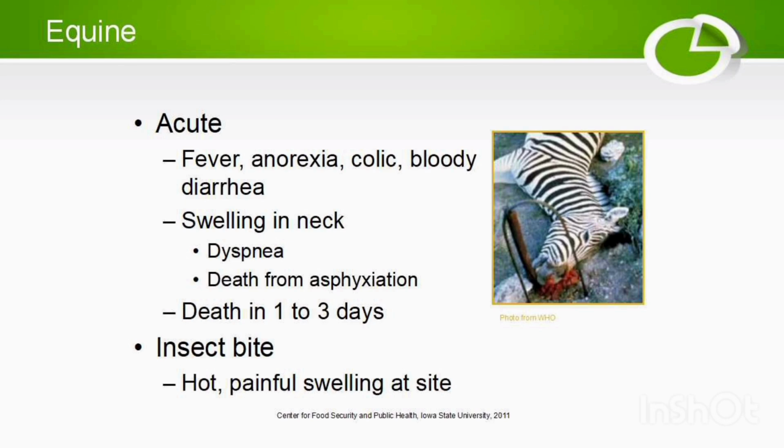Equines, such as horses, typically develop the acute disease. Common symptoms in this species include fever, chills, anorexia, depression, severe colic, and bloody diarrhea. Swellings may be seen in the neck, sternum, lower abdomen, and external genitalia. The affected animals usually die within 1 to 3 days, but some animals can survive up to a week.